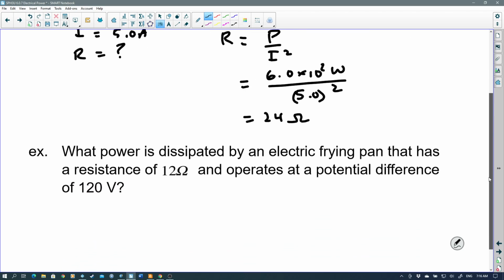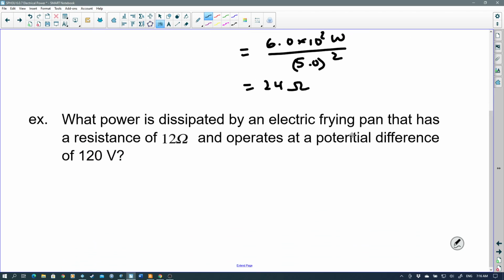Here's another example. What power is dissipated by an electric frying pan that has a resistance of 12 ohms and operates at a potential difference of 120 volts? So in this case, we're dealing with the power, resistance, and volts equation.